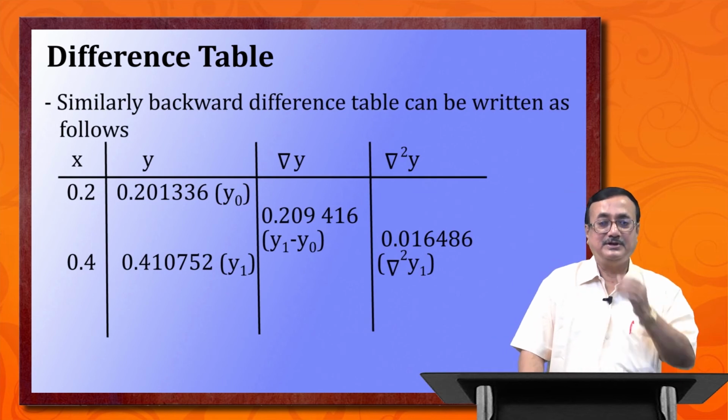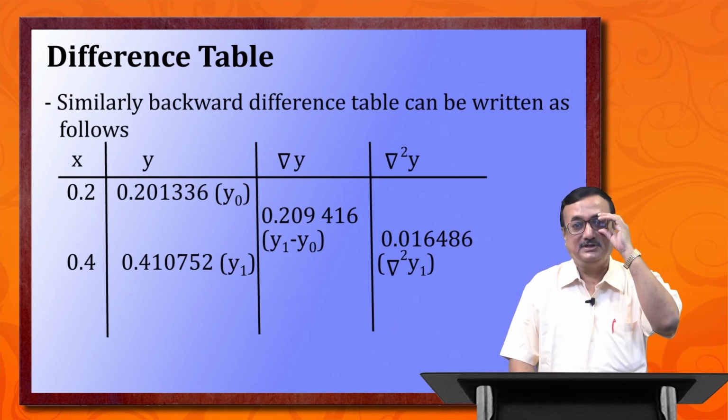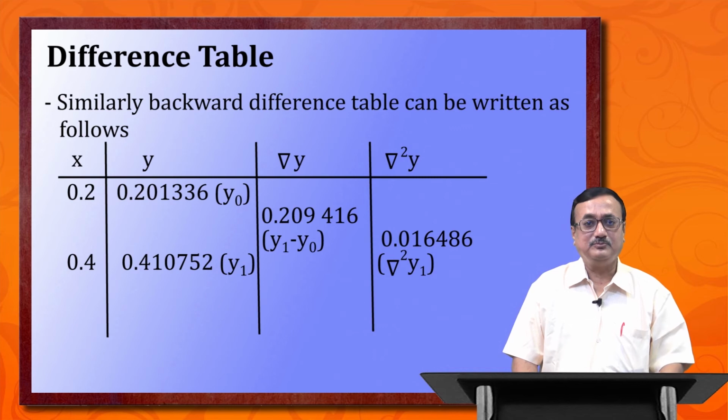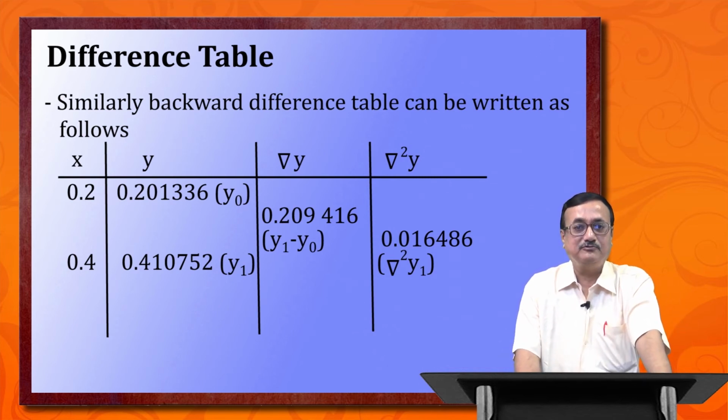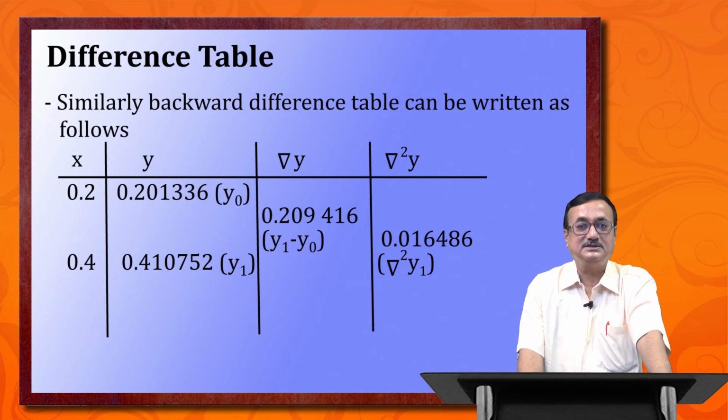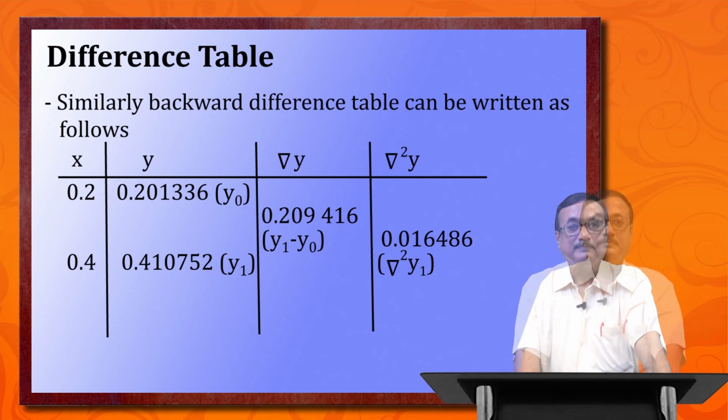Similarly, a backward difference table can also be formed in a similar way. For example, for point 2 it is 0.201336, for point 4 it is 0.41072, and at the last point it is 0.888106. Now backward delta y1 is given by the difference between y1 and y0.